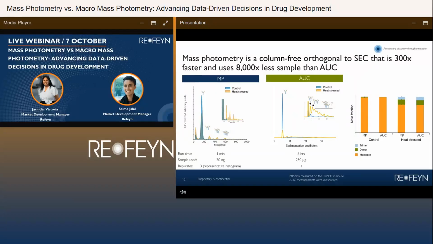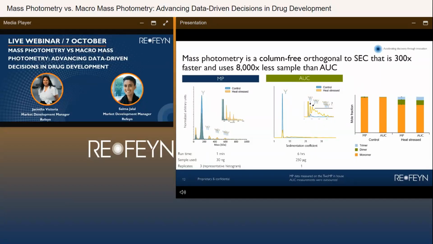Typically, AUC is used for this, and it often has to be outsourced because these instruments are so complicated to use, and typically you don't have a subject matter expert in-house to run these measurements. And typically with this outsourcing, it can cost thousands of dollars and delay project timelines by days at least, or up to weeks when you're waiting for results to come back.